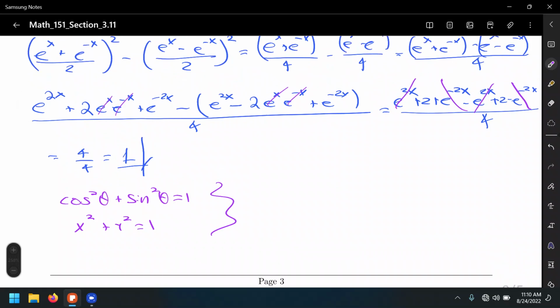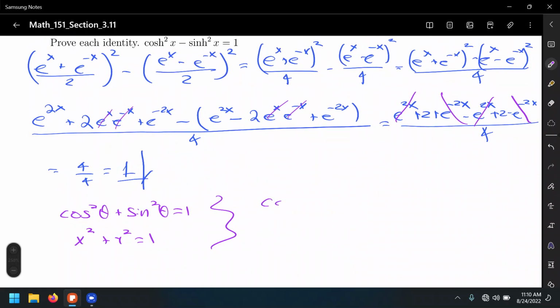Now with this identity here, cosh squared, let me use theta even though we don't use theta here, minus sinh squared theta equals 1. Again, if we go with the same idea that cosh describes the x-coordinate of those points that go along the hyperbola, well, this is x squared minus sinh, which describes the y-coordinate.